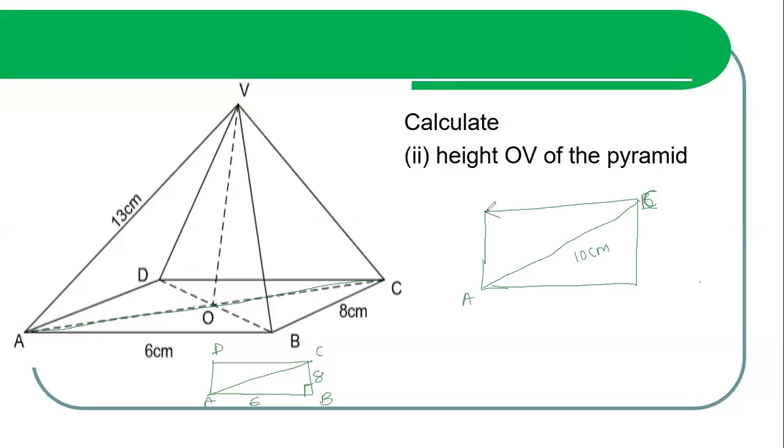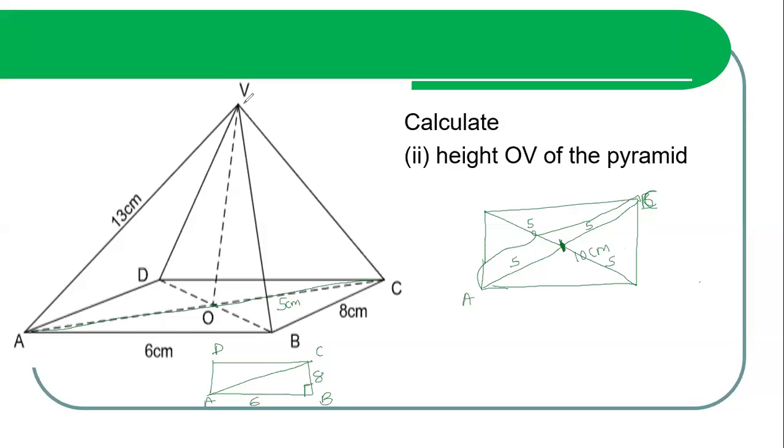When two diagonals meet, the point where they meet is the center. So if from here up to here is 10, it means that in the middle, where the center is, this distance is 5 and this is 5. So in order to calculate the height, we expect you to use 5 centimeters here.